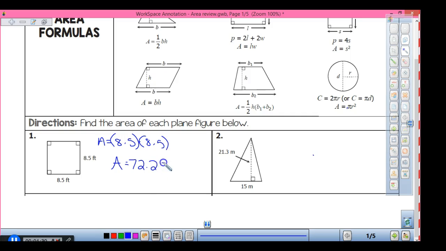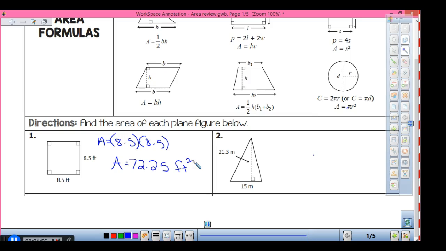Yep. And the thing about it is we are now rounding to the nearest hundredth, so now we're going 2 decimal places. Be careful with that. What am I labeling this as? Feet squared, or square feet. Okay, but you do need to label your answers.